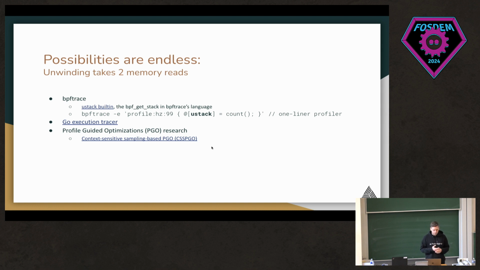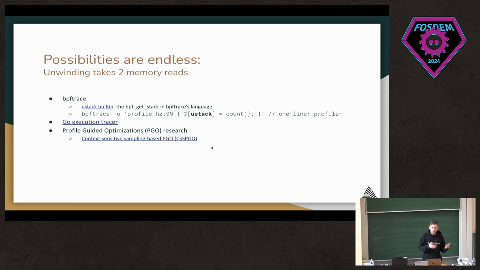For example, in bpftrace, we can use a one-liner to build a really simple but working profiler that uses ustack to get the user space stack unwound and counts how often it sees things. And that's super cheap.